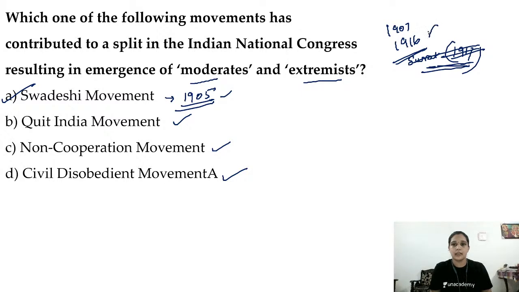Okay, and Muslim League also joined the Indian National Congress in the Lucknow Pact. In 1906 Muslim League was formed. 1907 Surat split took place. 1916 Lucknow Pact came into place. In that, both extremists and Muslim League also joined the Indian National Congress session.